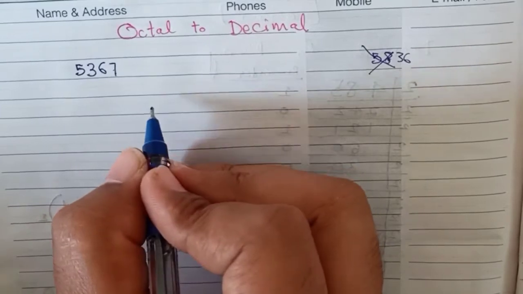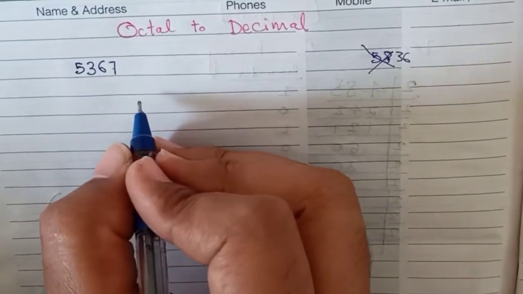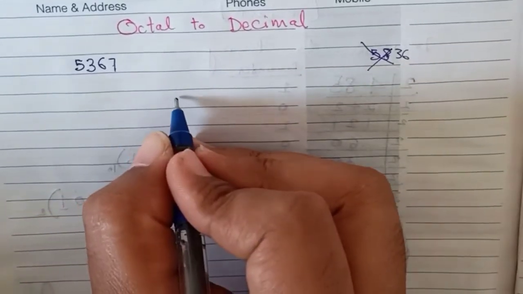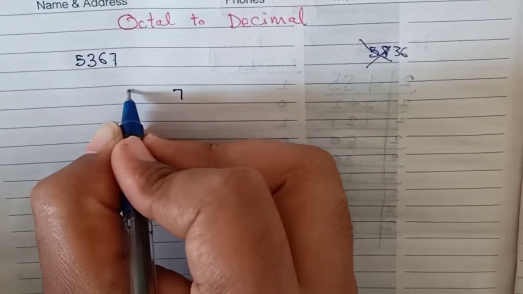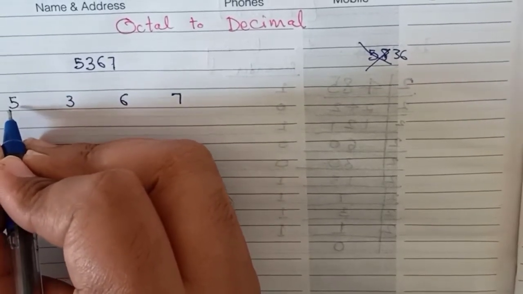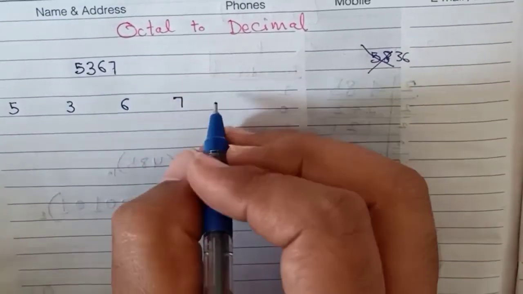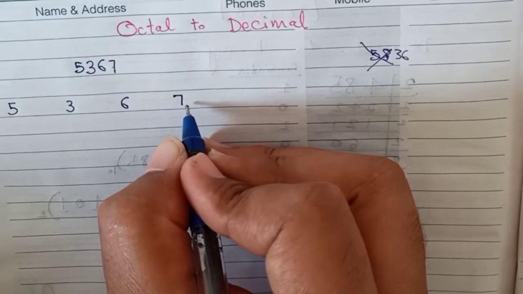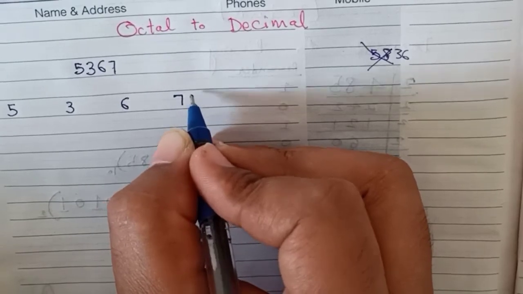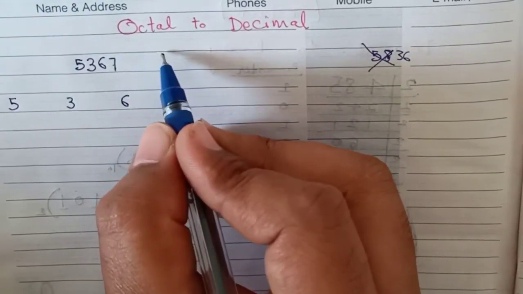So let us try to convert this octal into decimal. Just like we did in the binary number system, we will write these values separately, like this: 7, 6, 3, 5, and we will multiply these values with consecutively rising powers of 8, because the base of the octal number is 8.